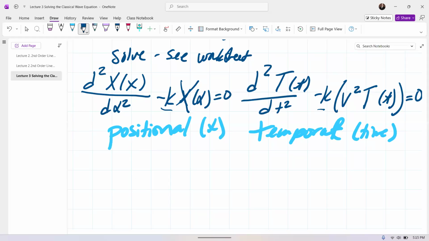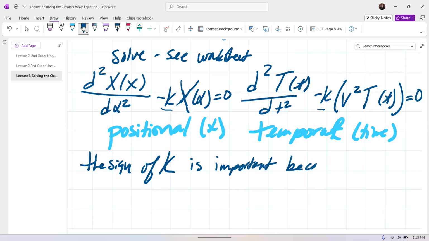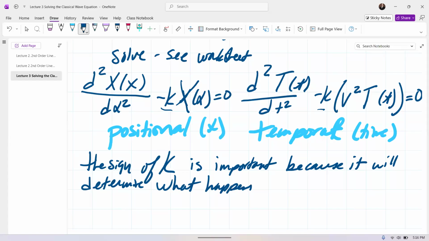I'm actually going to write that down for you. The sign of k is important because it will determine what happens under the square root sign.